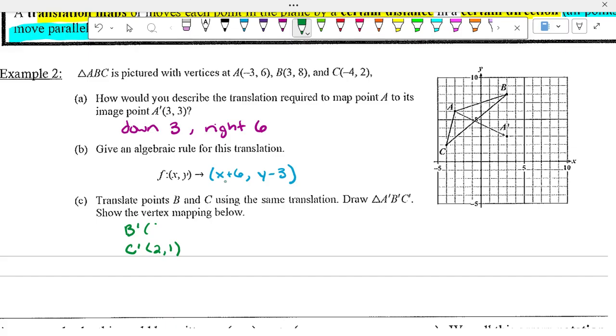All right, so -4 plus 6, that's 2. 2 minus 3 is -1. If we come over here, let's see if we count it. We go down 1, 2, 3, over 1, 2, 3, 4, 5, 6. So that's C prime, and that is at the point 2, -1.